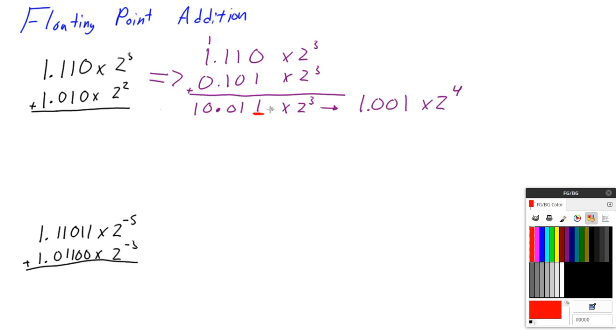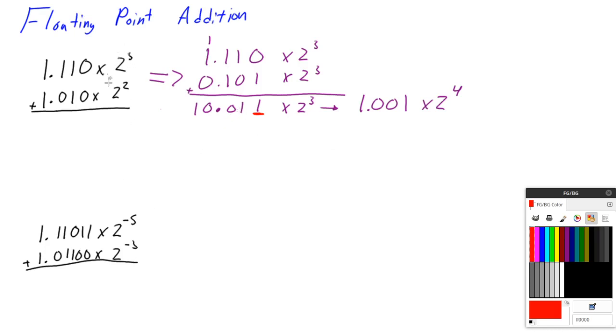So this 1 gets shifted off into oblivion. If this had 6 bits for the fractional component, we might be able to save it. But in this case, since we only had 3, it gets shifted off and is gone forever. So that's just kind of the way this works.